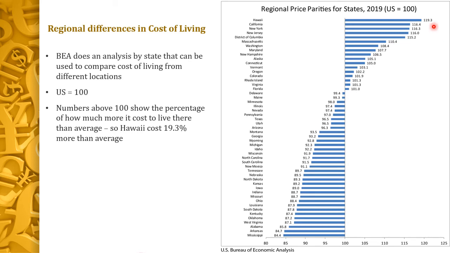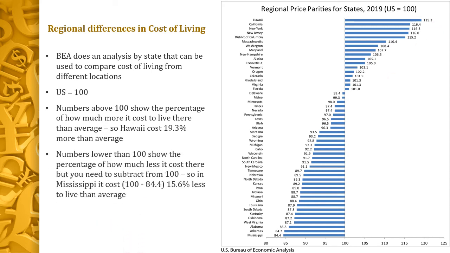So Hawaii at 119 is basically saying that it costs 19.3% more than average to live there, whereas we could also see numbers below 100 show that it costs less. Now the only thing you have to do here is a little subtraction, but basically if we're talking about Mississippi, it costs 15% less to live there than pretty much the average location within the United States.